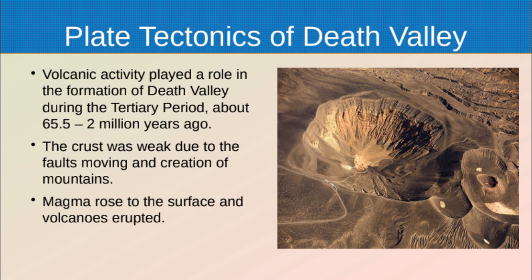Volcanoes play a role too. Volcanic activity contributed to the formation of Death Valley during the Tertiary period, about 65.5 to 2 million years ago. The crust was weak due to the faults moving and the creation of mountains. Magma rose to the surface and volcanoes erupted.